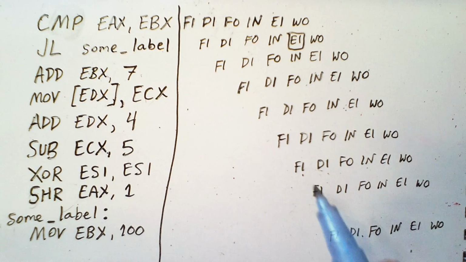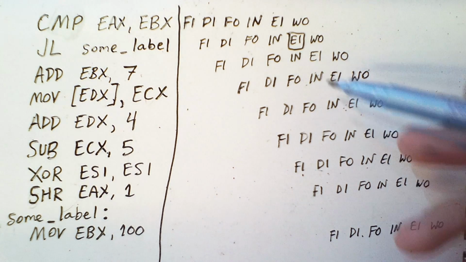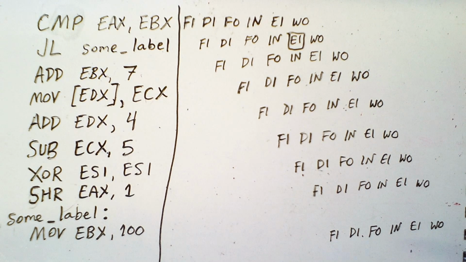Now, if the jump does happen, we will still have loaded these instructions into the pipeline. But in that case, this work we've done here was actually wasted.